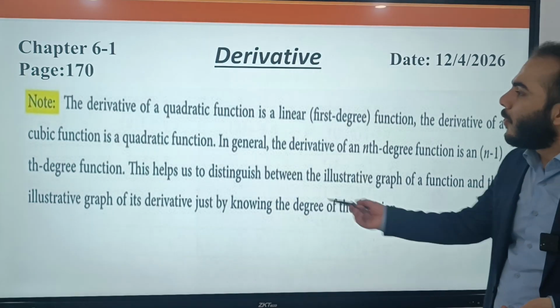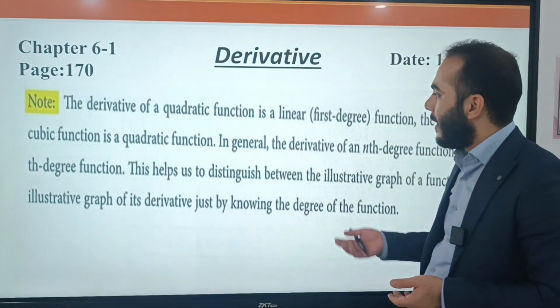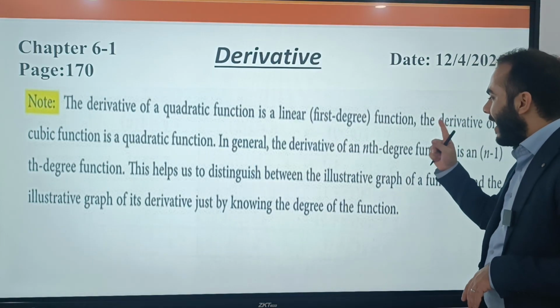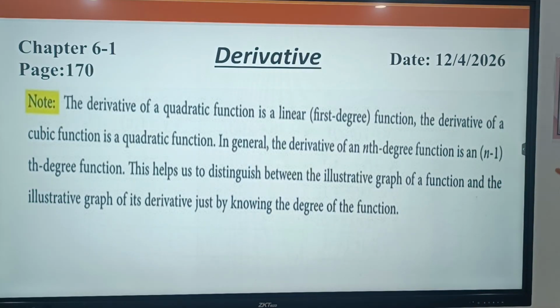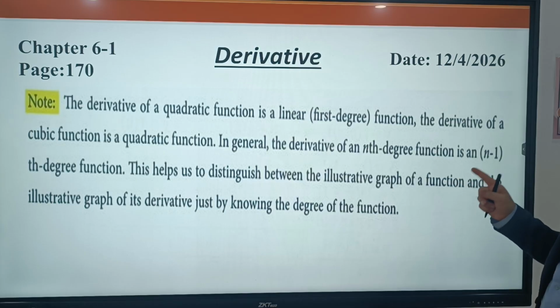The derivative of a cubic function is a quadratic function. In general, the derivative of an nth degree function is an n minus 1 degree function. This helps us to distinguish between the graph of a function and the graph of its derivative, just by knowing the degree of the function.